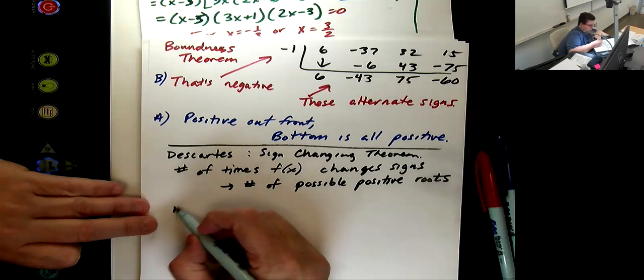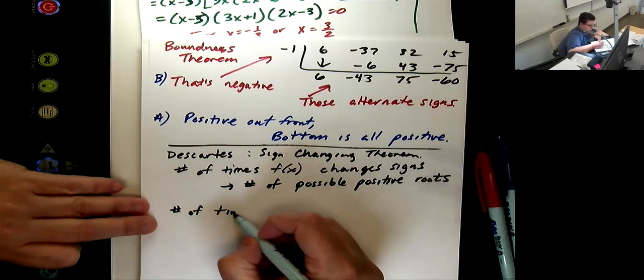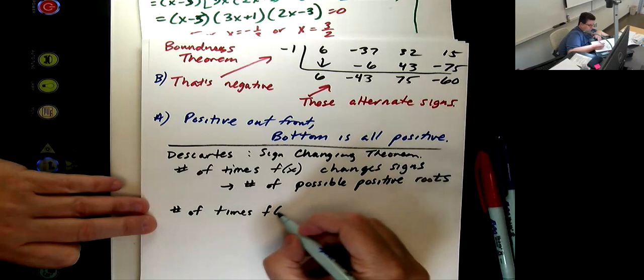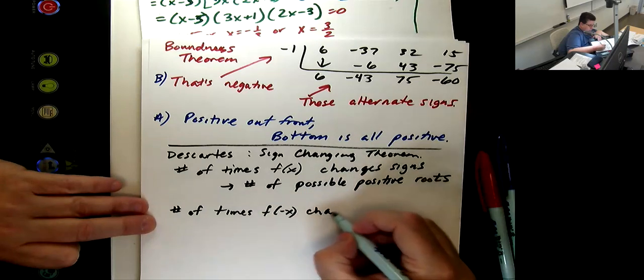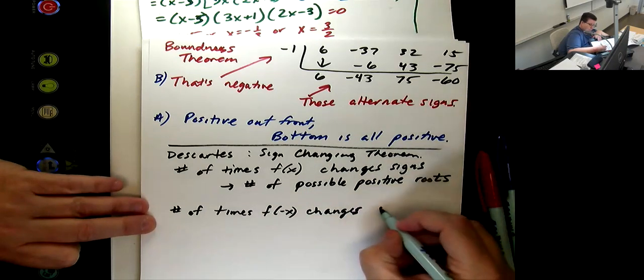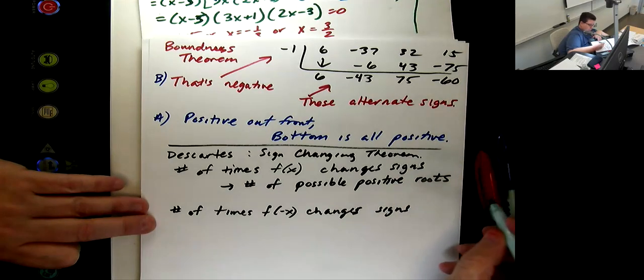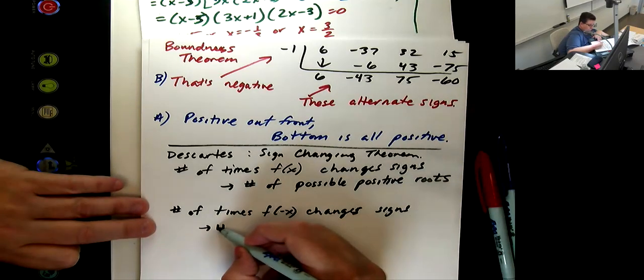And then the number of times f of negative x changes signs is the number of possible negative roots.